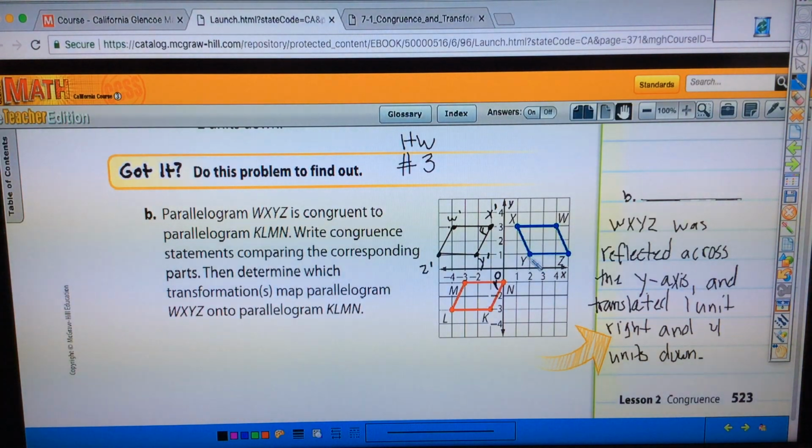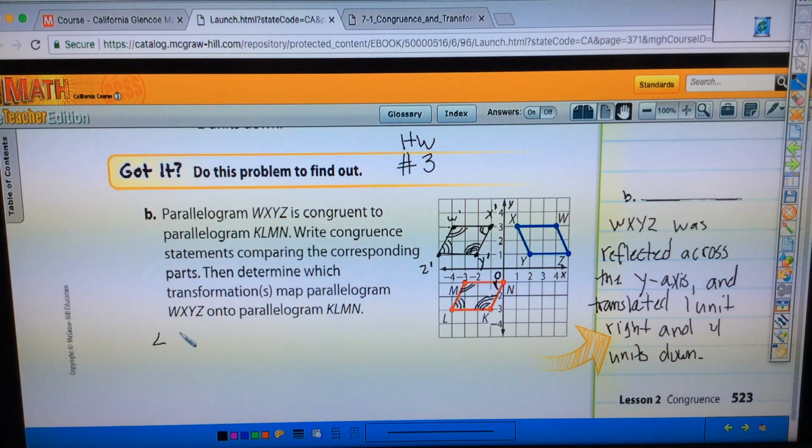Okay, so let's see here. Angle W, I'm going to give that 2 arc marks, is going to correspond with M. Angle Z, I'm going to give that 3, is going to correspond with L. And angle Y, I'm going to give that 4, is going to correspond with K. Okay, so we can go ahead and write our congruent statements out here.